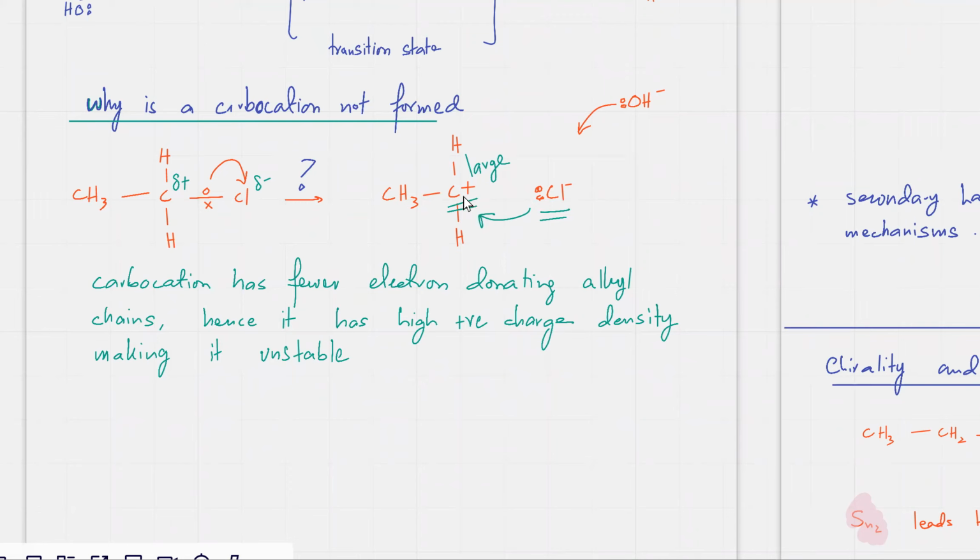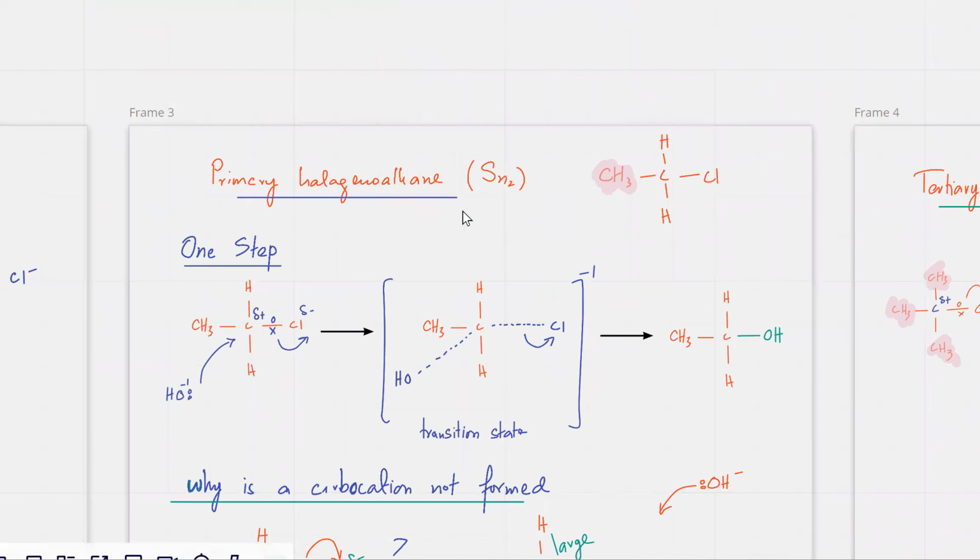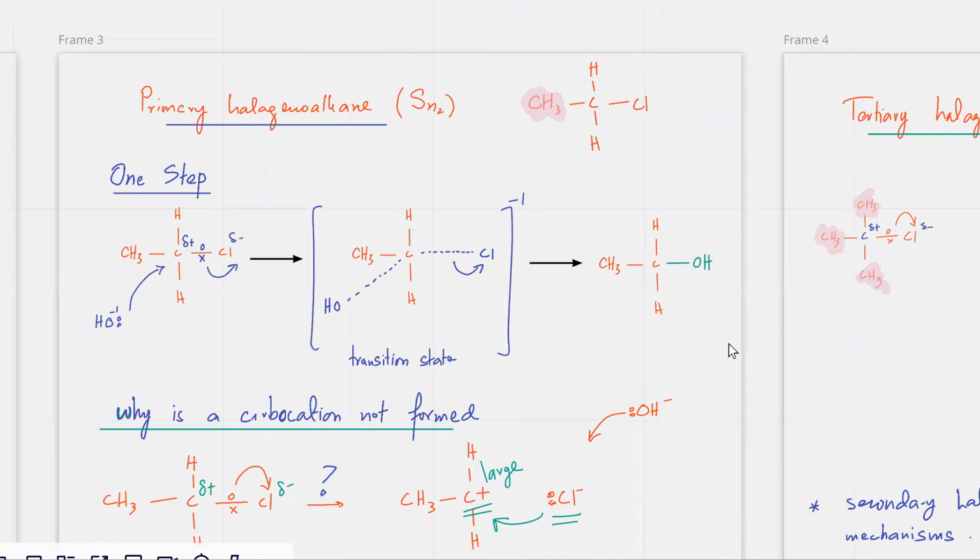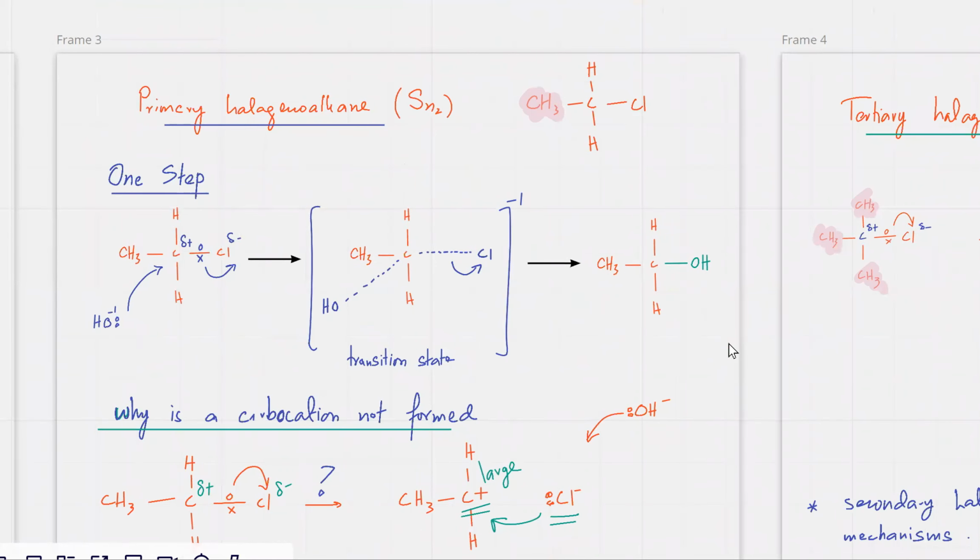So the positive carbon doesn't have a lot of alkyl chains. The carbocation has fewer electron-donating alkyl chains, hence it has a high positive charge density, which makes it very unstable, which means that it attracts the Cl minus 1 back again. So it's very hard to actually form the carbocation. So the only way to knock out the Cl is that the OH minus 1 comes in and pushes the Cl away. ठीक है, ये भी clear है? Is this clear? Yes, sir.